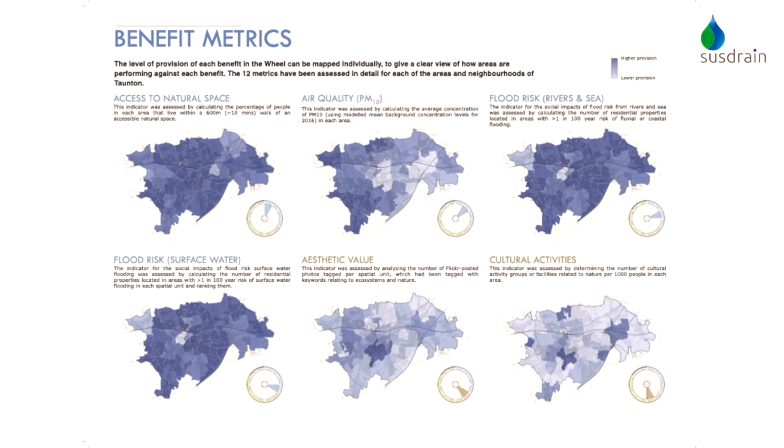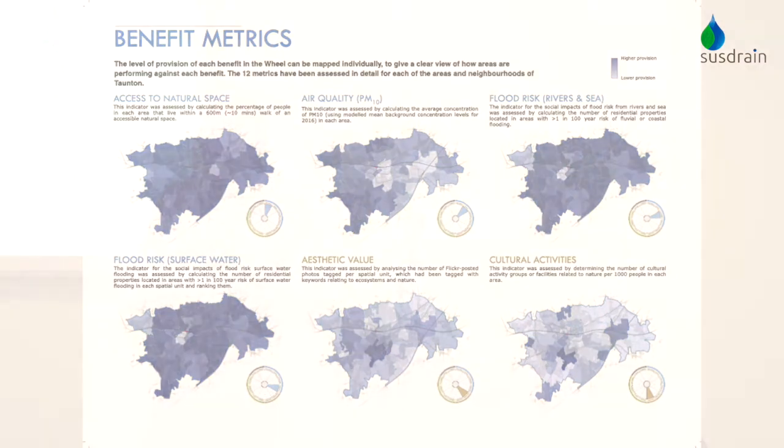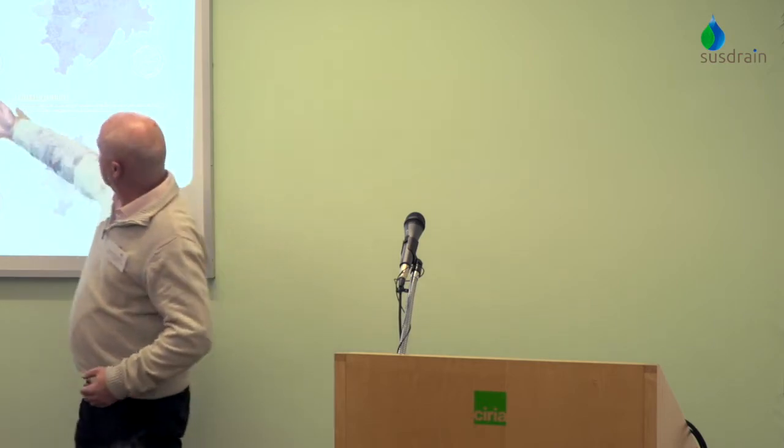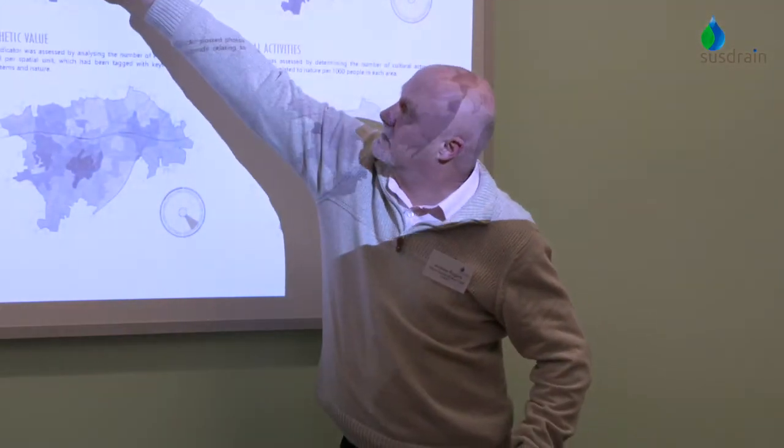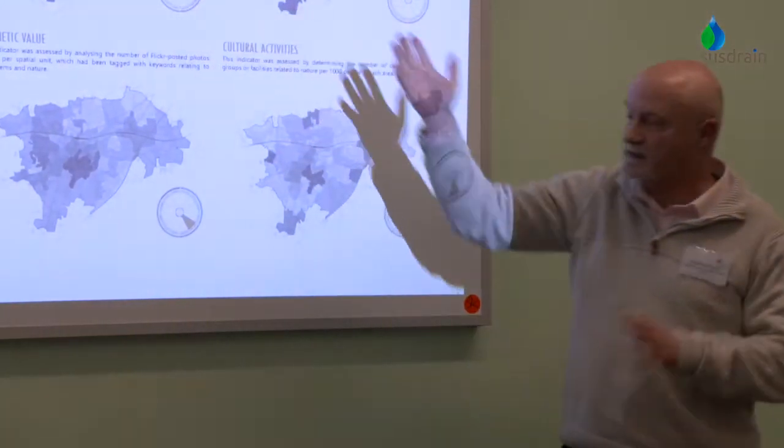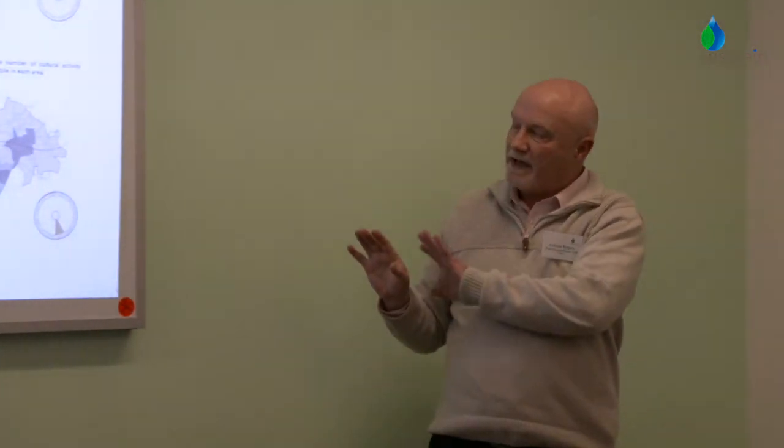Some of the darker areas have a lot more greenery around. Same with air quality. You tend to find that parkland and places like that get better air quality, as do places with bigger gardens, depending on where the roads are. Your air quality is starting to hit the same sort of areas. But you're building up a picture of what's going for us in Taunton.